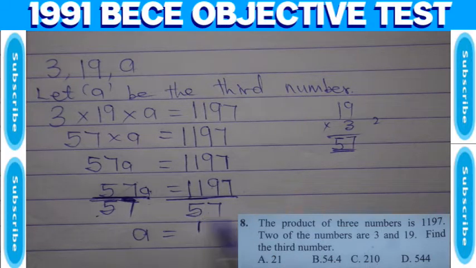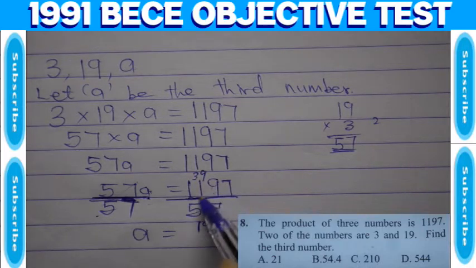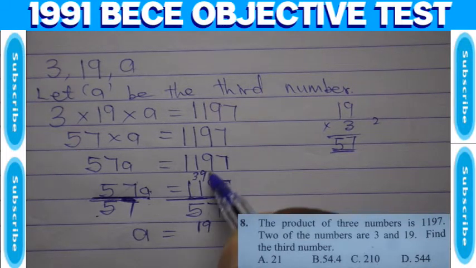The 2 comes here, you have 27. 3 divides 27, then you have 9. 3 can divide 11 three times. There will be a remainder of 2. Bring the 2 in front of the 9, you have 29. 3 will divide 29 nine times, because 3 times 9 is 27. There will be a remainder of 2. Bring the 2 in front of the 7, you have 27. 3 divides 27 nine times.